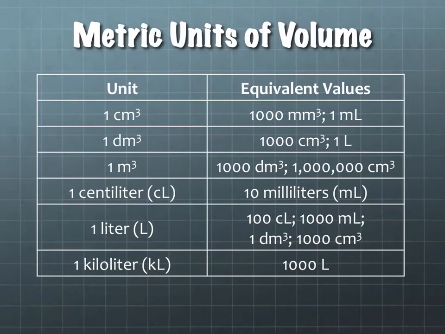A couple of things show conversions that you may or may not have thought about. Let's just look at the top down first. We have 1 cubic centimeter, and that's the same as 1 milliliter.